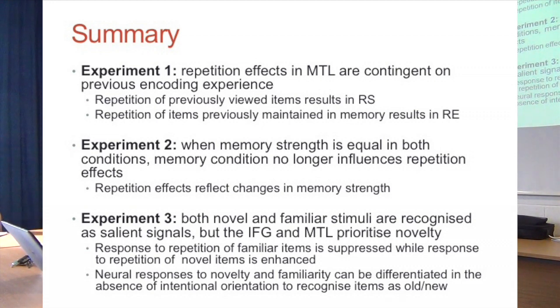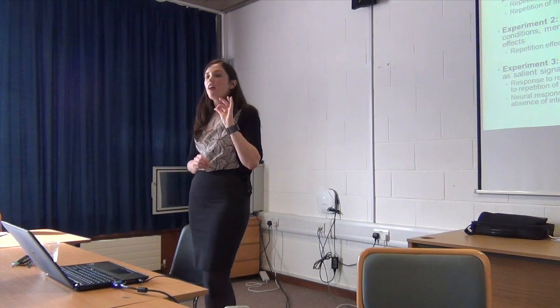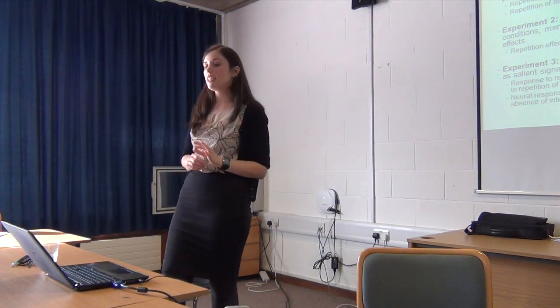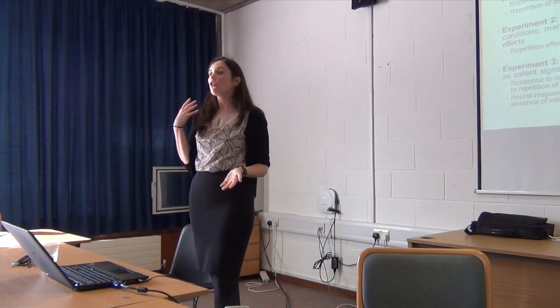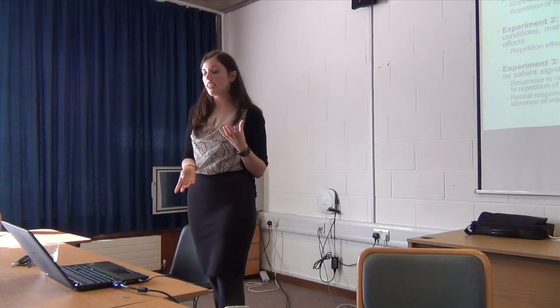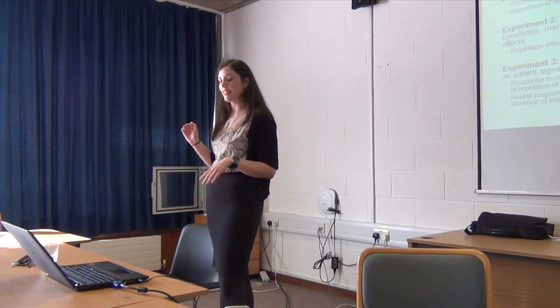In experiment 3, we established that while both novel and familiar stimuli are recognised as salient signals, the inferior frontal gyrus and the medial temporal lobe act to prioritise novelty. So response to repetition of familiar items is suppressed, while response to repetition of novel items is enhanced.